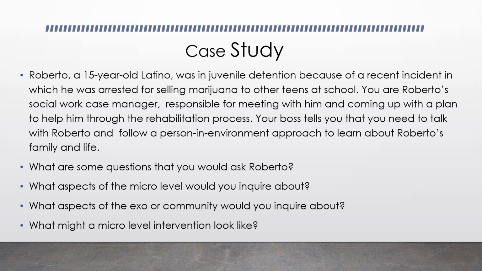All right, example three. What might this micro level intervention look like if, for example, his father's lost his job and Roberto is selling to help support the family? This gets a little more complicated because then we may need to do a family level intervention. We may need to talk with the family about what's going on. We may want to either talk to his father or help his father connect with employment resources to get another job.